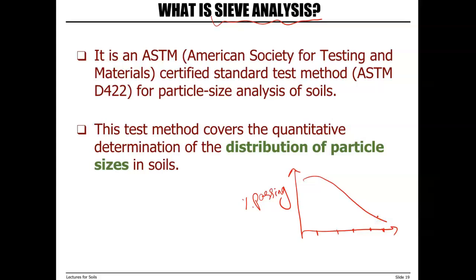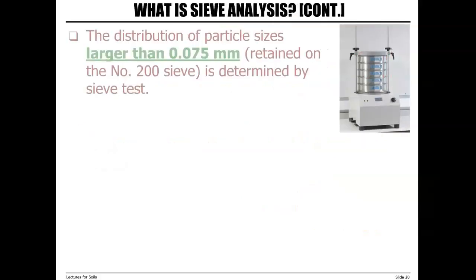And that's our distribution or gradation curve. As I said earlier, sieve analysis is performed on granular or cohesionless soil. Granular, cohesionless soil is when we have combination of sand and gravel.